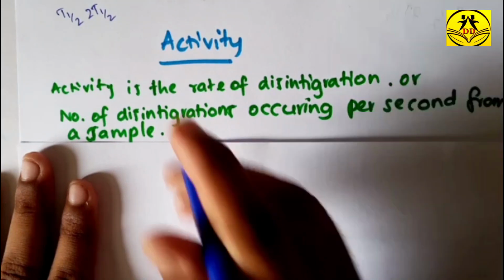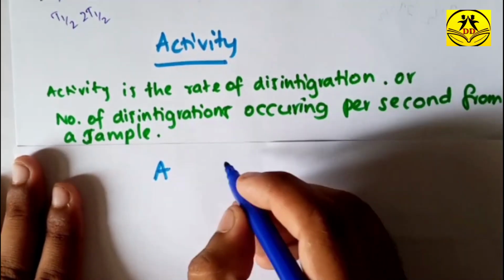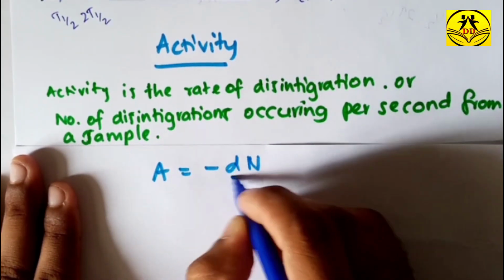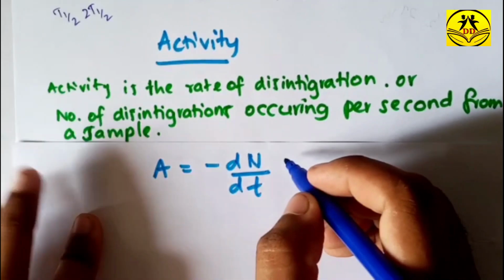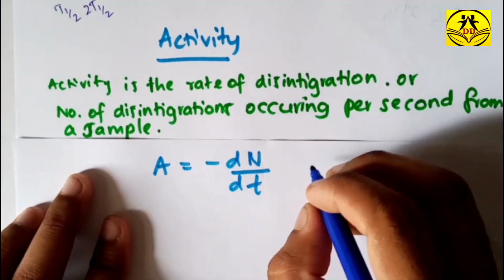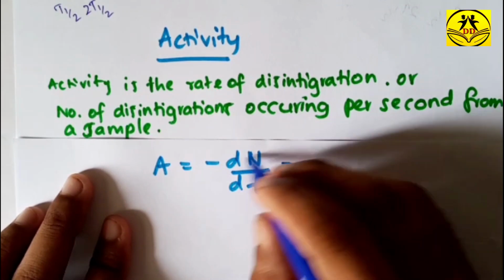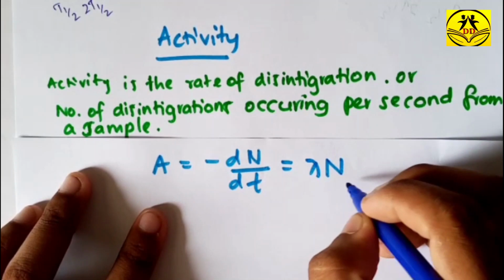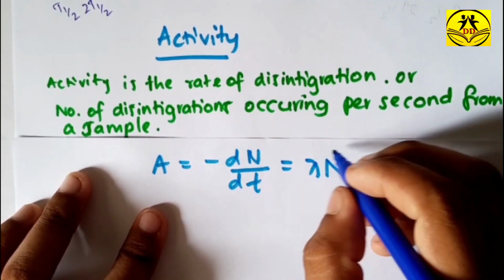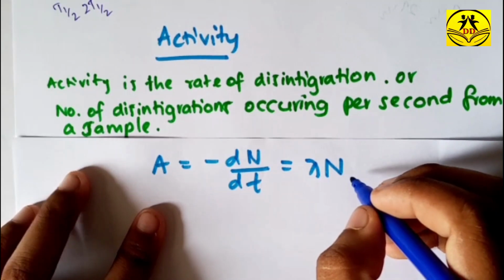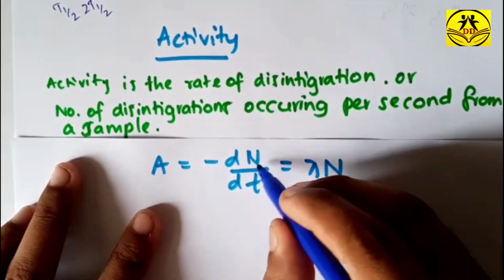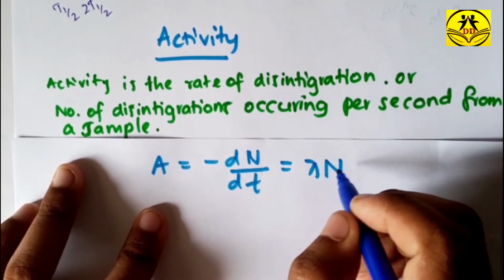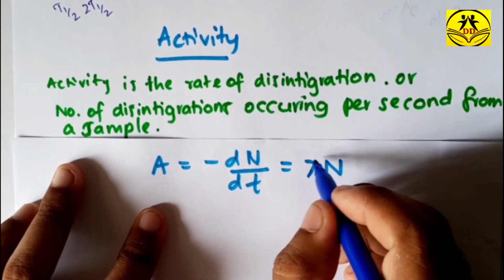So we can write activity, denoted by A, as negative delta N by delta t, as activity is represented as a positive integer, and also from the previous equation we can write activity is equal to lambda N. Here N is the number of radioactive nuclei present, and lambda is the decay constant.